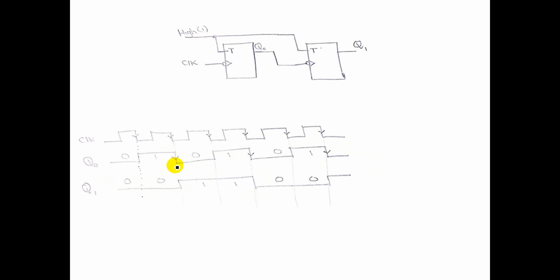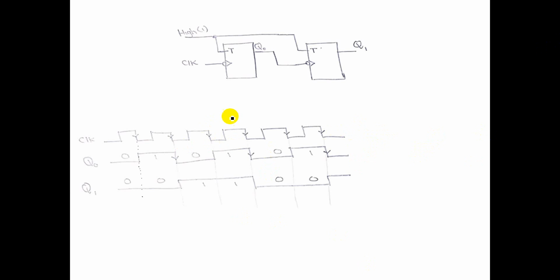At the first negative edge of Q0, it finds that the value of T is 1, so it will complement again. The value will complement from 0 to 1 and remain the same until the next negative edge. On the next negative edge, again the value will be complemented from set to reset. So I got this waveform. It will keep the same pattern until infinity.